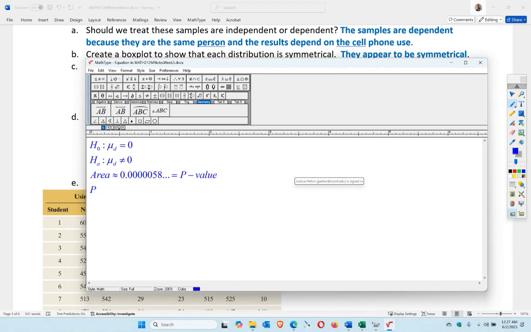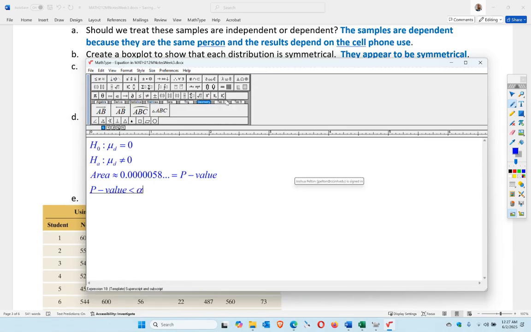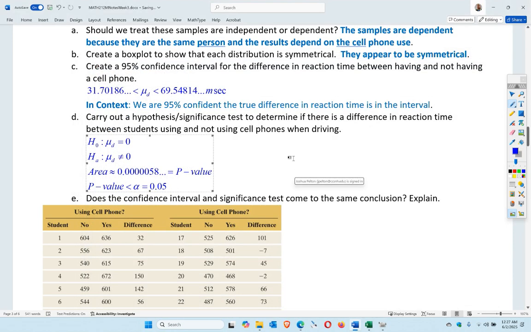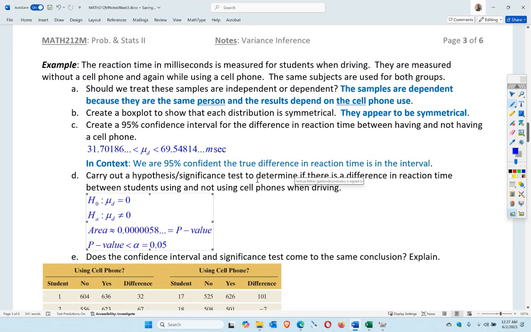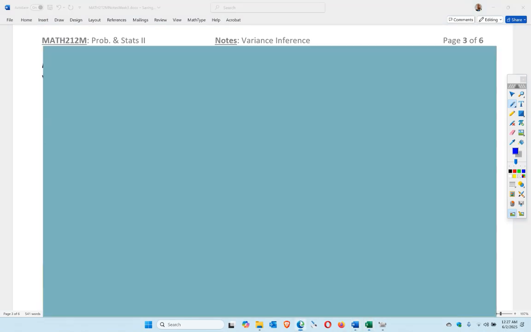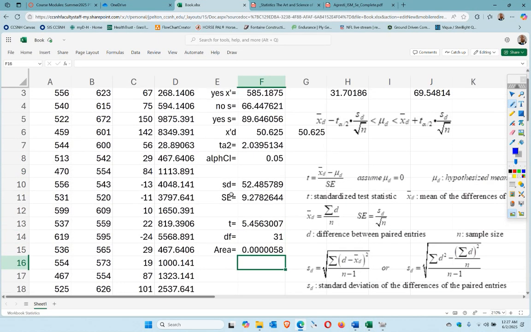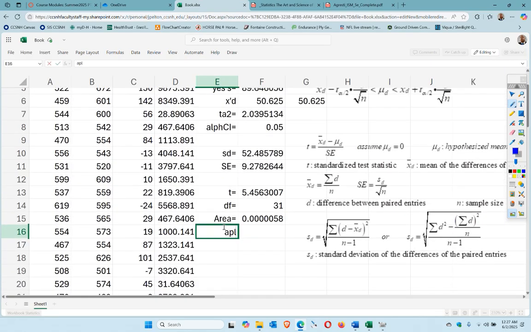Essentially, my p-value is less than alpha, because my alpha is going to be 0.05. How do I know it's 0.05? The alpha for the hypothesis test is also going to be 0.05.